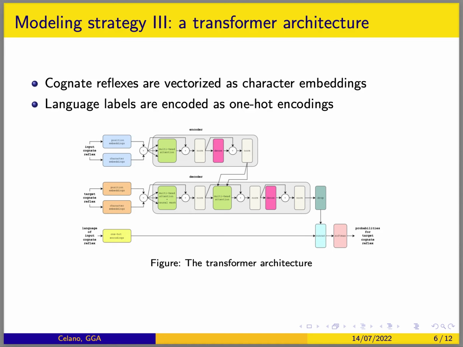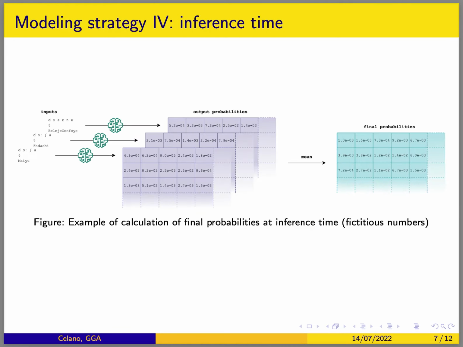Finally, before the output of the decoder is passed to the final densely connected layer with a softmax activation function, it is concatenated with the one-hot encoding for the language label of the predictor cognate reflex. As I anticipated earlier, at inference time, the outputs of the cognate reflexes of one row in the original data are averaged.